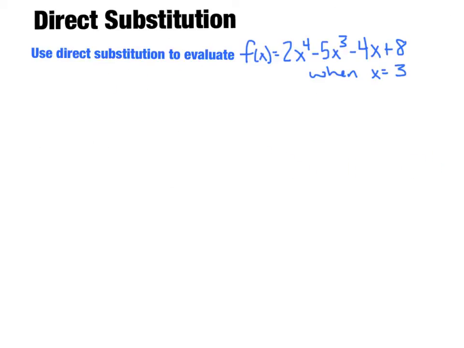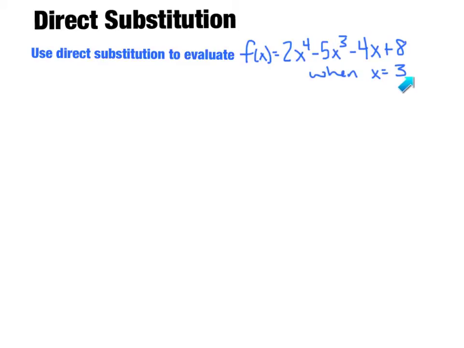Alright, let's use direct substitution to evaluate f of x equals 2x to the 4th minus 5x cubed minus 4x plus 8 when x equals 3. Direct substitution is exactly what it sounds like. All you're doing is replacing all of the x values with a 3.